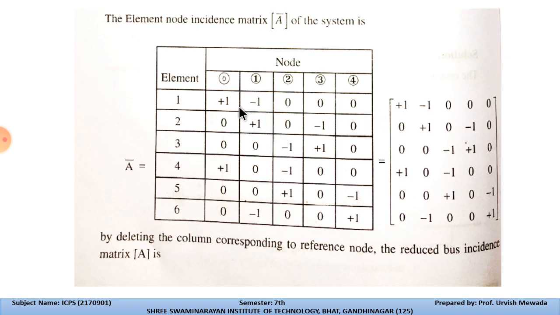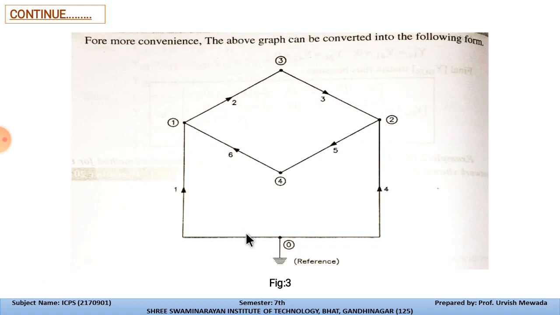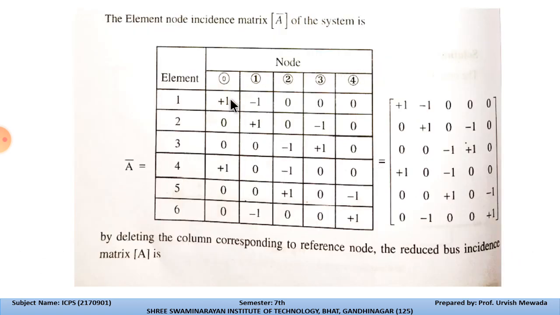Element 1 to 0, so it is plus. Element 1 to 0, this arrow is coming towards node number 1, so that's why it is taken as plus. Take that sign and try to form this matrix.